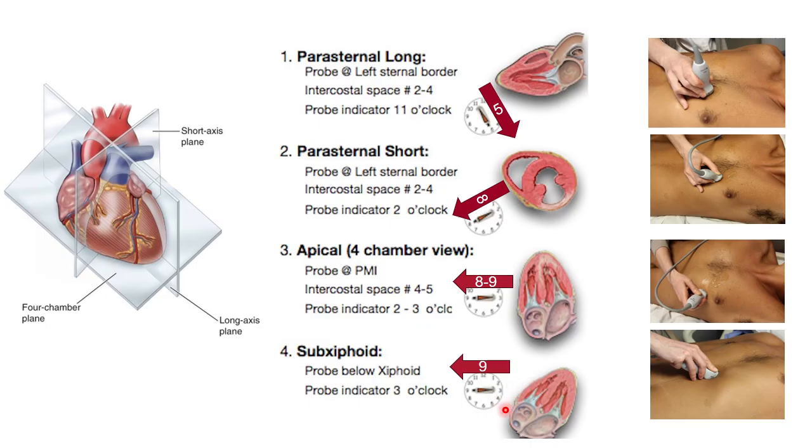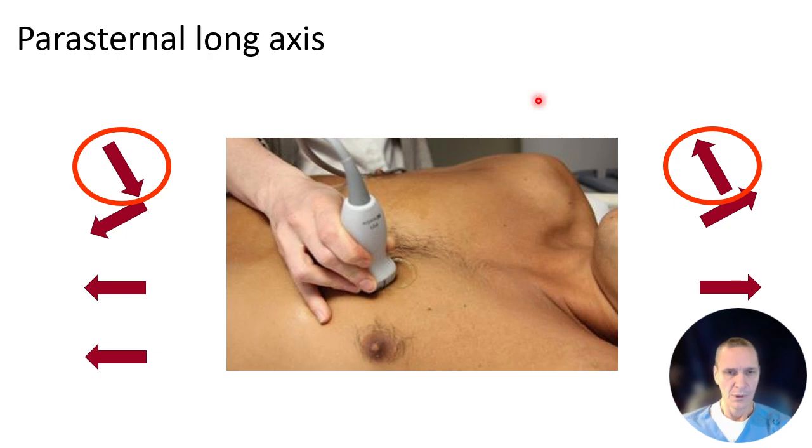I usually use the subxiphoid when I have a lot of gas in the chest. Sometimes the subxiphoid is the only view that can be obtained. So the first in the series is the parasternal long. Again, our goal will be to get the apex of the left ventricle on the left side of the screen. To do that, the indicator is either going to be at 11 o'clock or 5 o'clock.